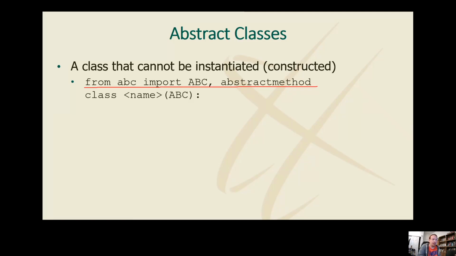We're going to say from lowercase abc, import capital ABC. And by the way, these ABCs stand for abstract base class. And this thing called an abstract method. And then we're going to define class, name, and remember the parentheses mean we're inheriting from. This is the superclass. So ABC is going to be our superclass.